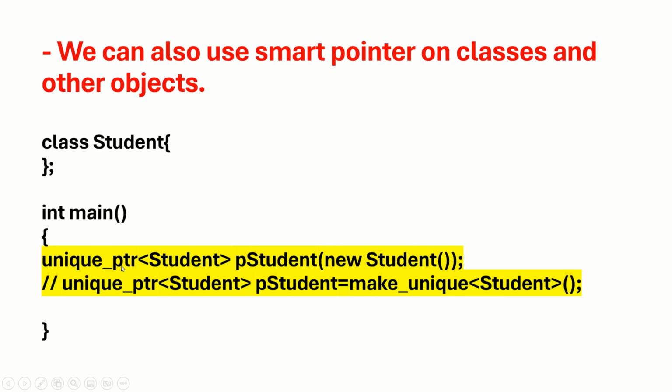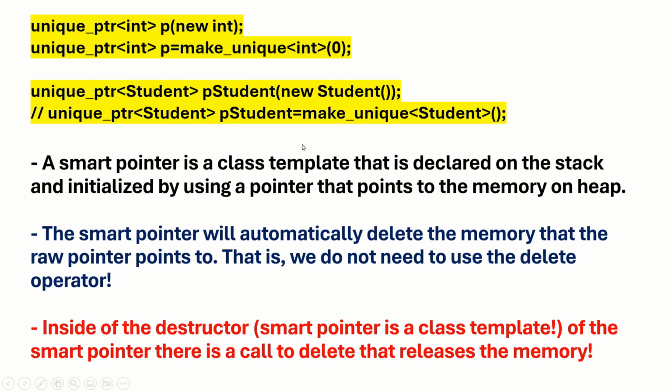You call unique pointer, you specify the data type or the class name student, then you specify the name of the pointer, and then you call new student to reserve space. And then you can also use this way of declaring a smart pointer. That is, you can use make unique. That's it. Later on, we are going to modify our example to explain how to implement them in practice.